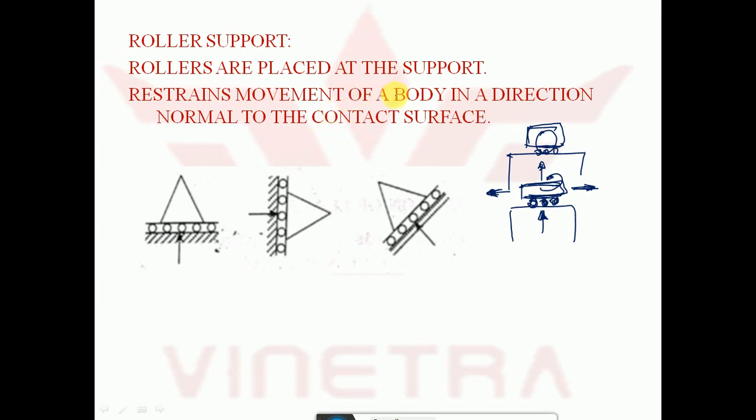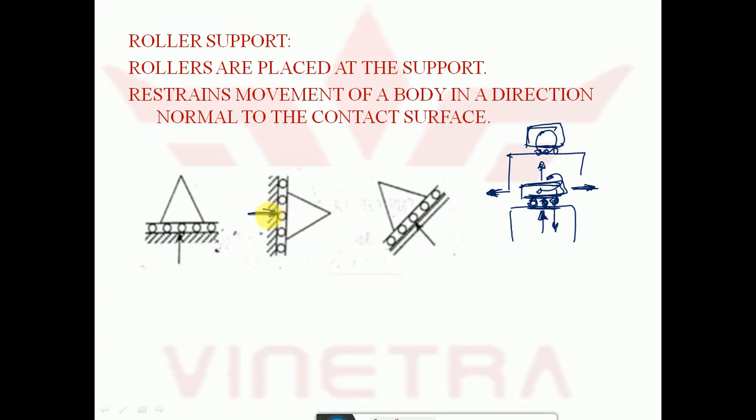Rollers are placed at the support, restraining movement of the body in the direction normal to the contact surface. This is the contact surface, and this object will not fall in this direction, that is, the motion perpendicular to the contact surface is restrained. So see here, what is the support reaction?